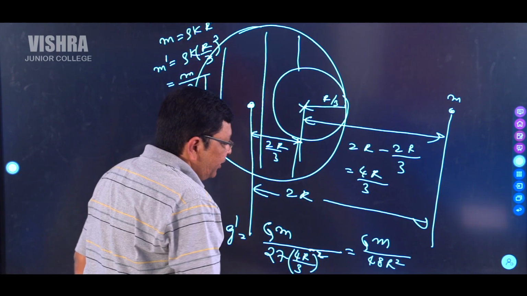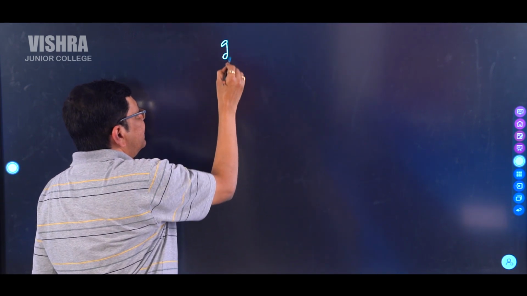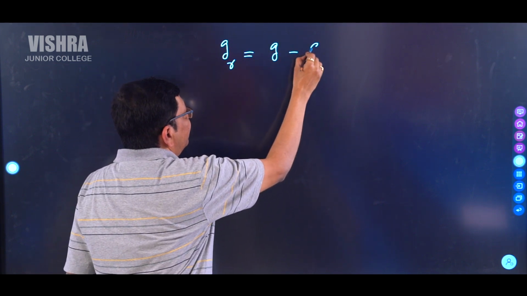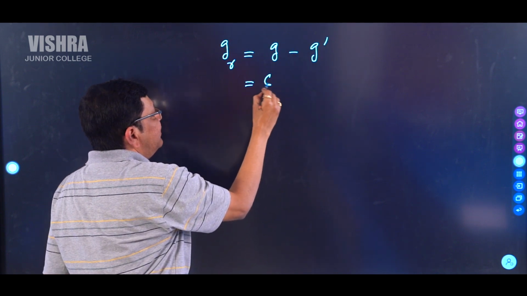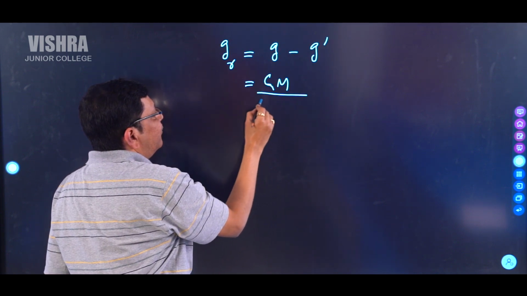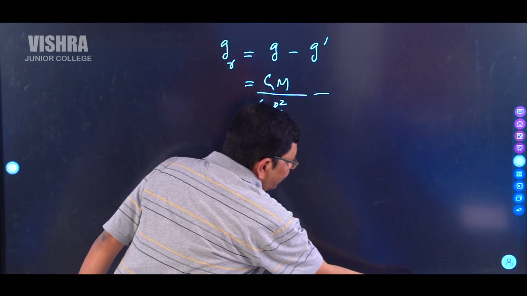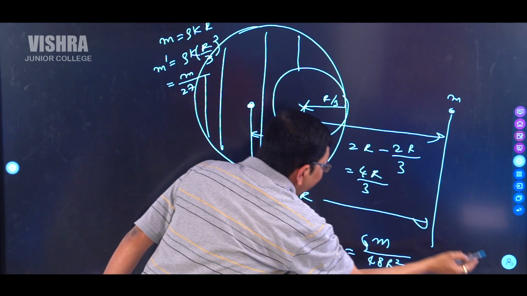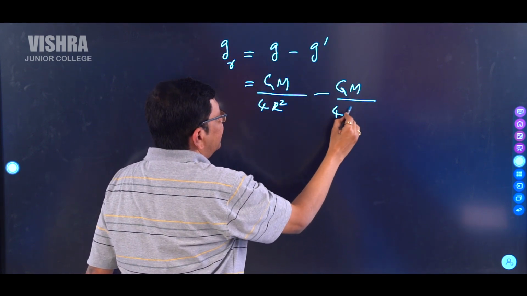Then what will be the remaining portion's gravitational field intensity? That will be the total minus this portion. From the total, Gm by (2r) whole square, that is 4r square, minus due to the removed portion, Gm by 48r square.